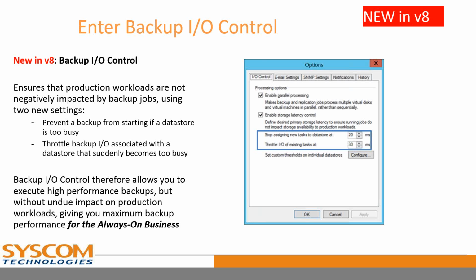So now you can put some metrics around it and stop them from going over a particular millisecond rating for your data store. You can throttle it back. And then, of course, the parallel processing has been there for several releases now, so I think since version 7. But storage latency control is definitely a big one.